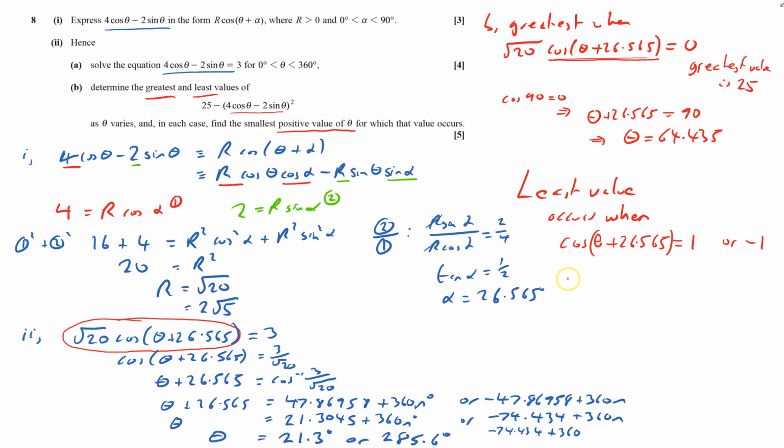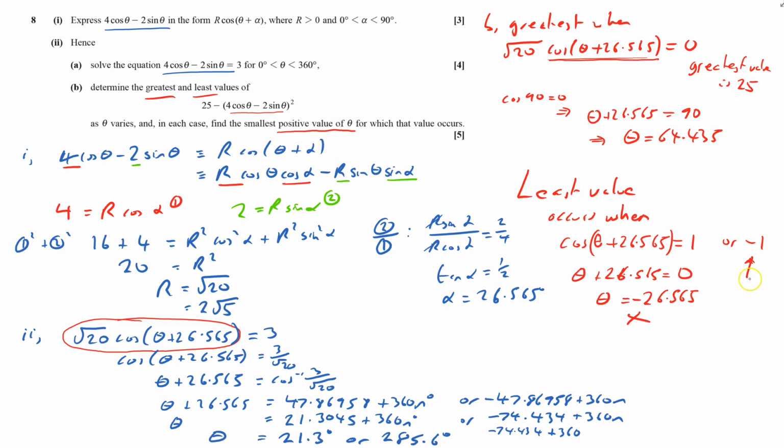So theta plus 26.565 equals 0, so theta equals minus 26.565. Can't be that one, because it's got to be a positive value of theta. So hopefully it's going to be the other one.